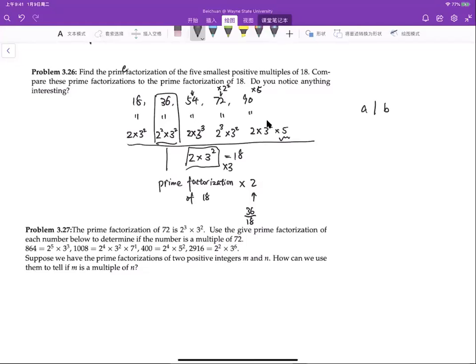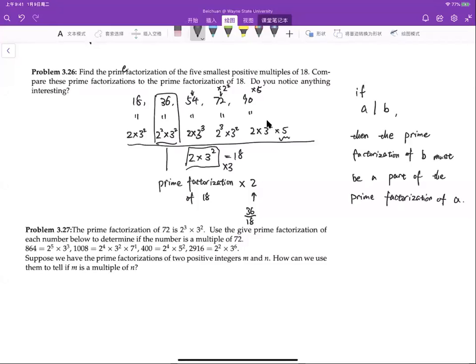So let me write it here. If A is a multiple of B, then the prime factorization of B must be a part of the prime factorization of A. Actually, this is a very useful conclusion.